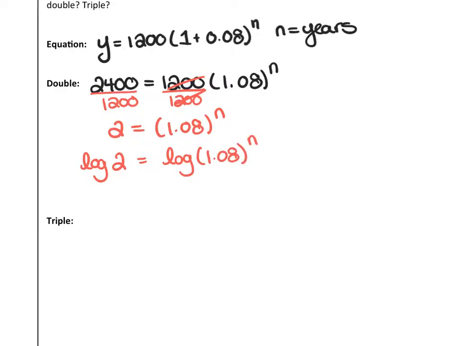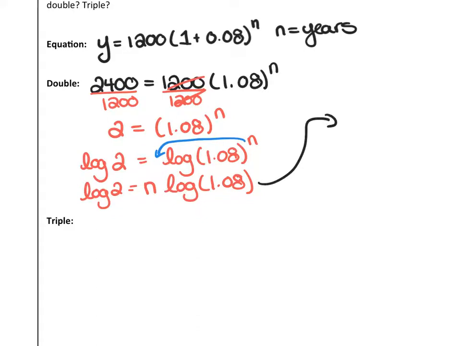Based on our laws, you can actually take that n and move it down here. So it becomes log 2 equals n times log 1.08. So it's no longer in that exponential position, which makes it a lot easier to work with.